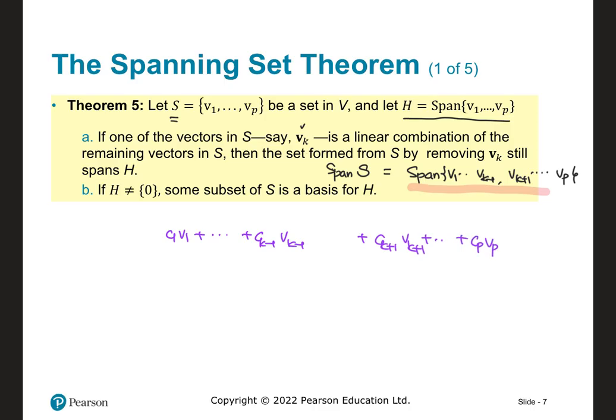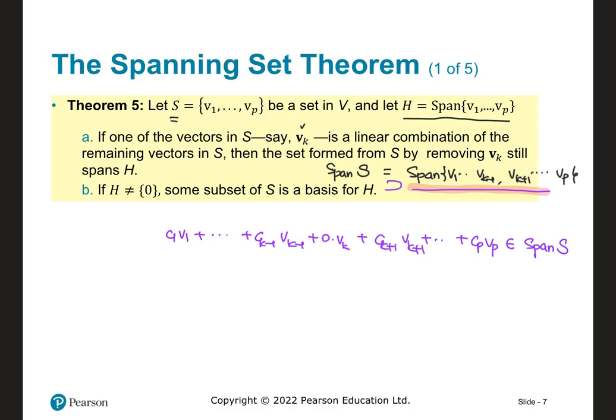That is an arbitrary vector from the right-hand side, right? That can be written as that vector plus 0 times V sub k, so that is also included in the span of S. So the set on the right is a subset of span of S.